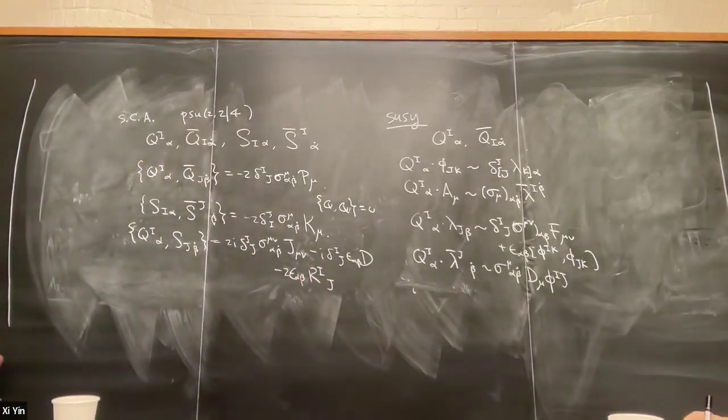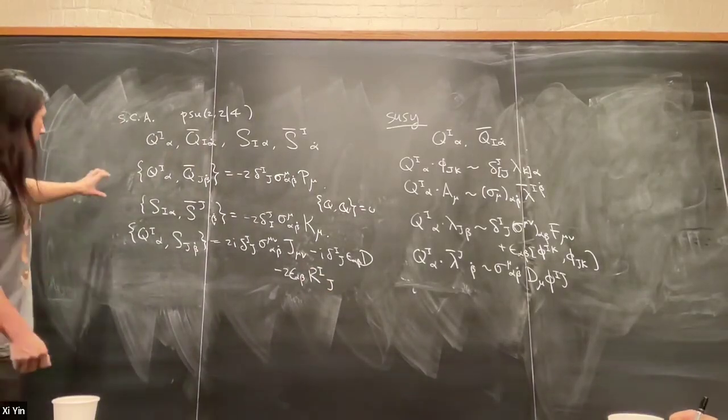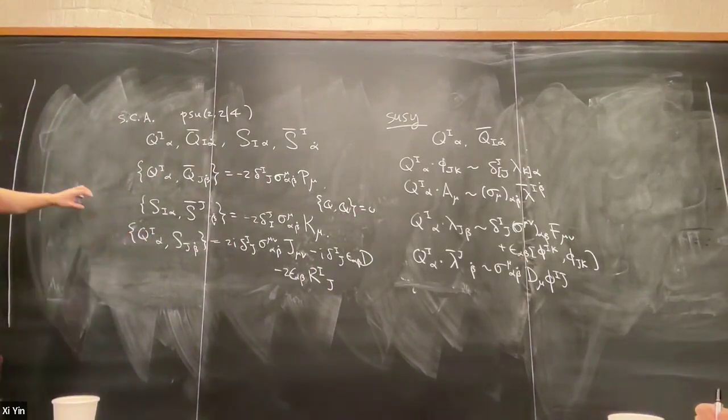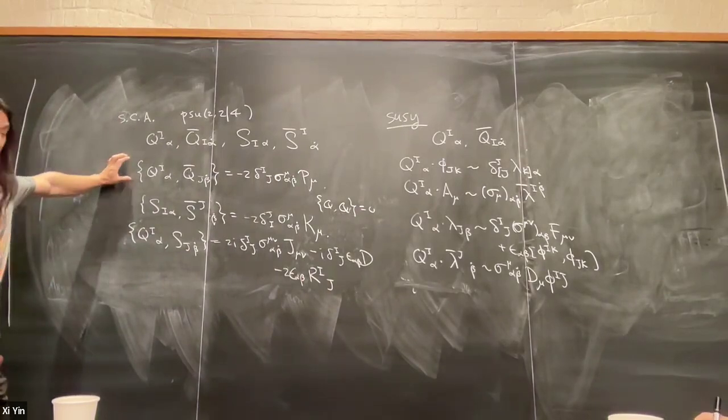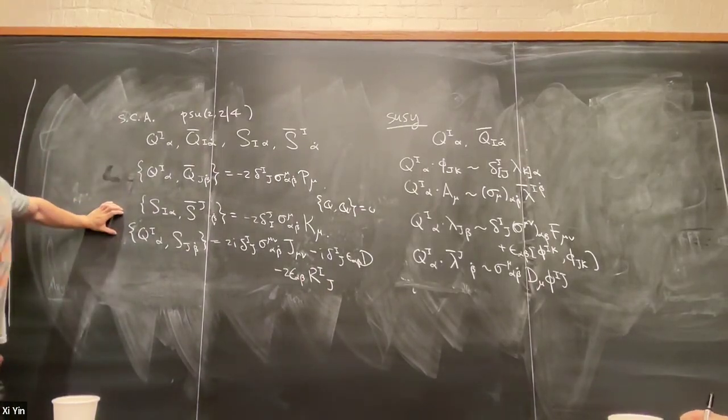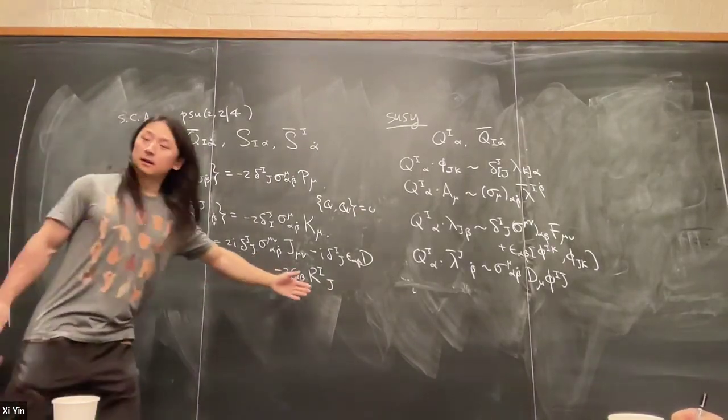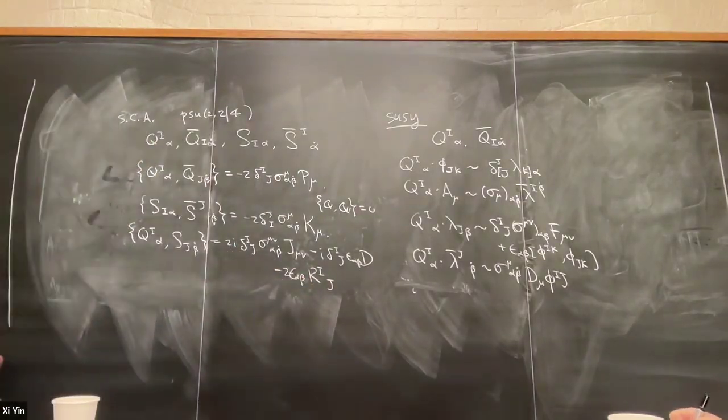A standard fact that some people might be familiar with is that while the R symmetry is the outer automorphism of the supersymmetry algebra by itself, once you extend to the superconformal algebra, the R symmetry is an inner automorphism. It shows up on the right-hand side of this anticommutator.